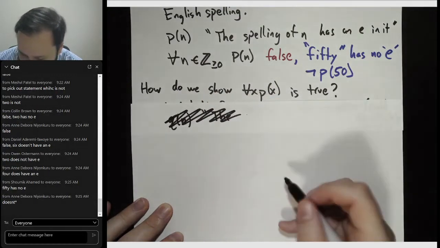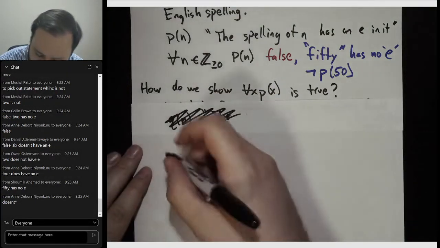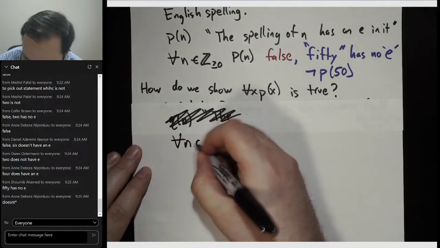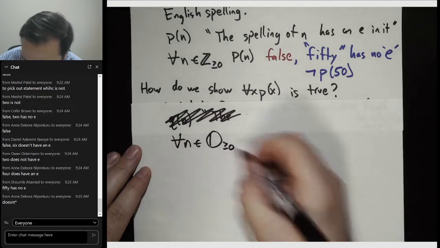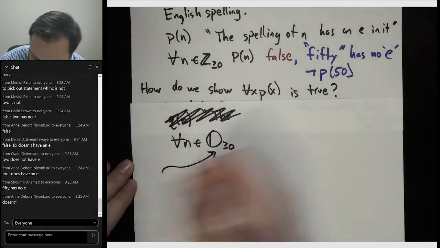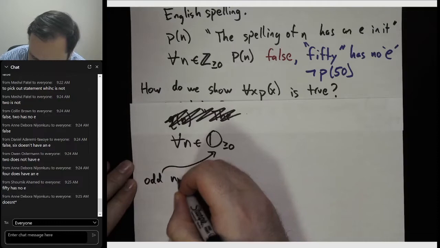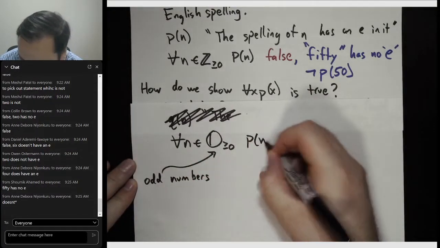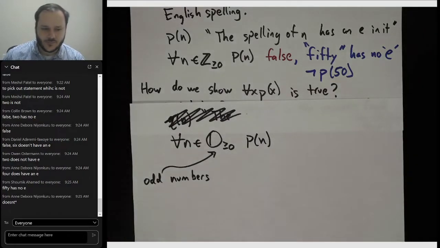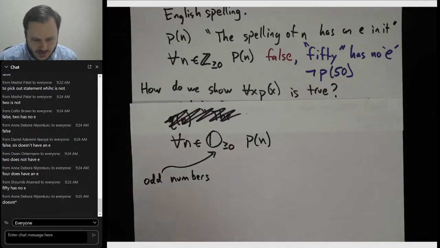I'm sorry, I'm changing my universe. Still P of n, but now for every n in the odd numbers, P of n. So now you start thinking about it.